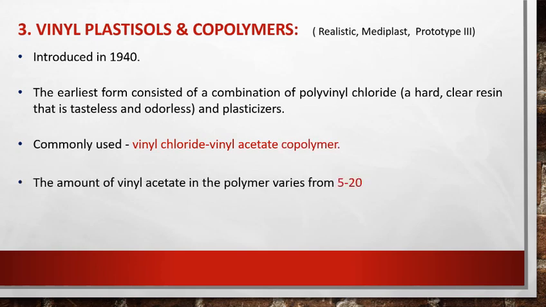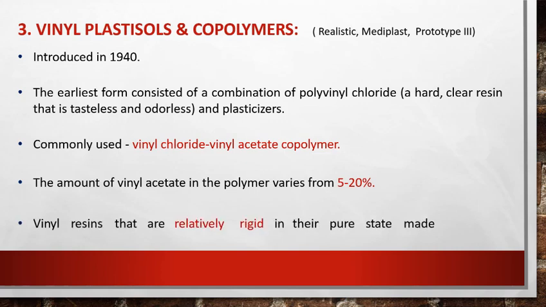Commonly used is vinyl chloride vinyl acetate copolymer. The amount of vinyl acetate in the polymer varies from 5 to 20%. Vinyl resins that are relatively rigid in their pure state are made flexible by addition of plasticizers.